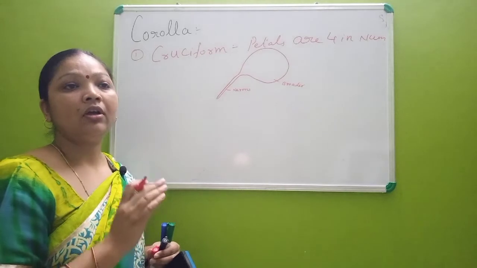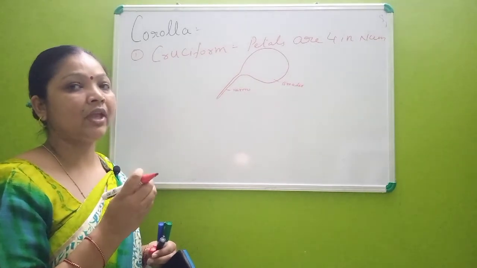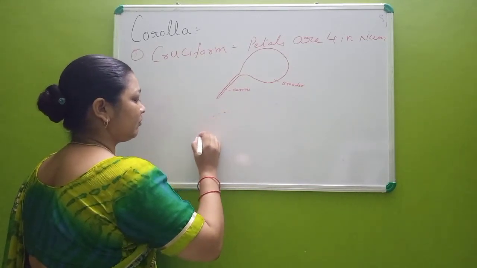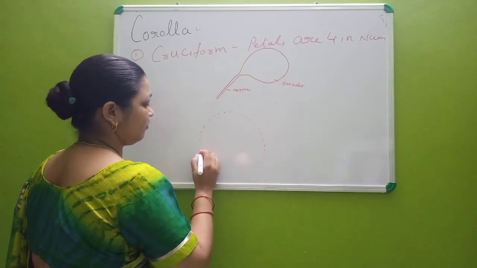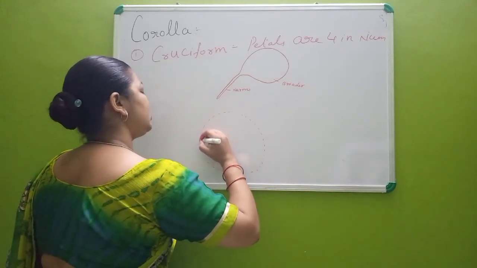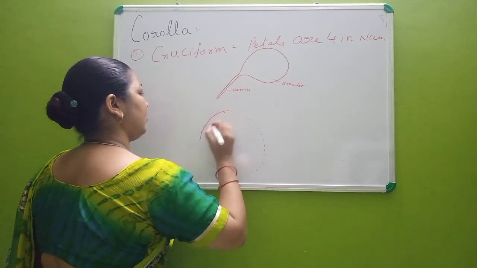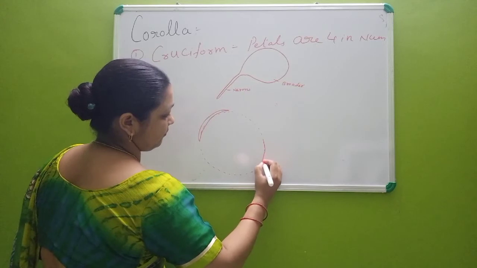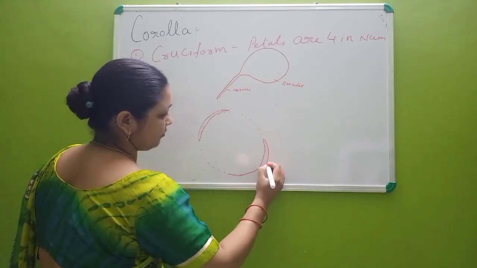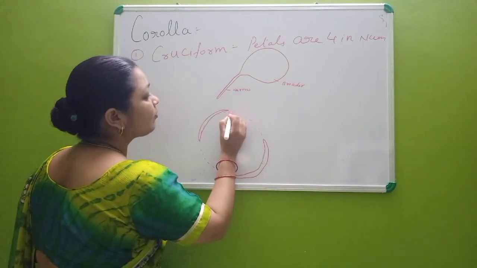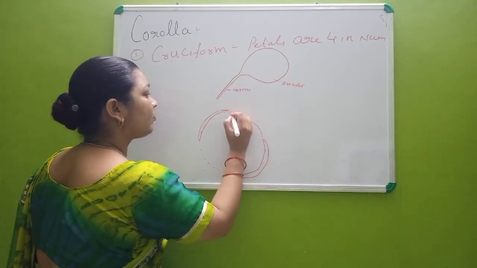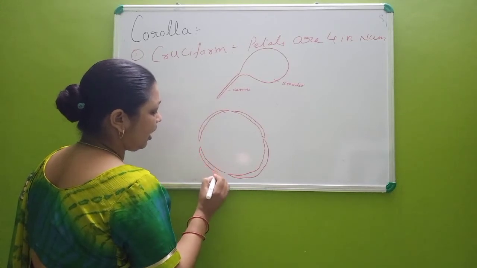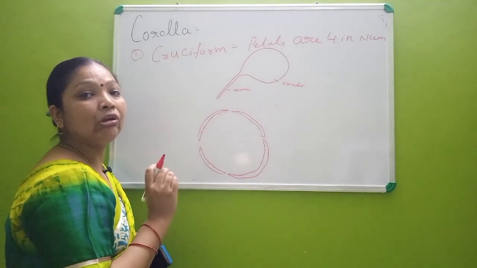If we draw the floral diagram of this type of petals, it will be 4 in number, in the form of a Greek cross arrangement.